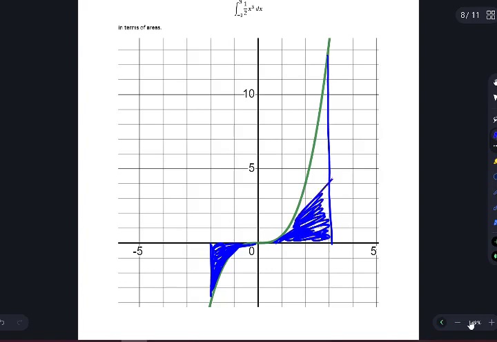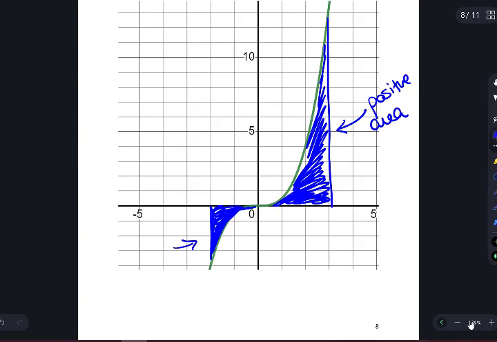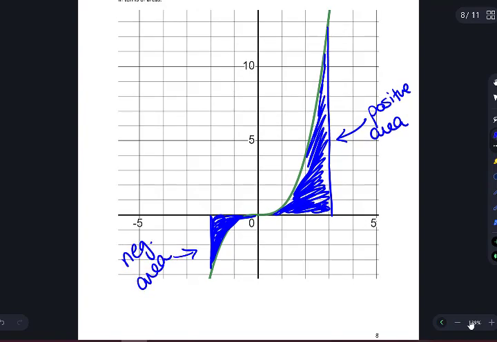Notice for this integral that the area above the x-axis is again positive area. The area under the x-axis is negative area. And if we want to take the total area, we would take the positive area minus the negative area.